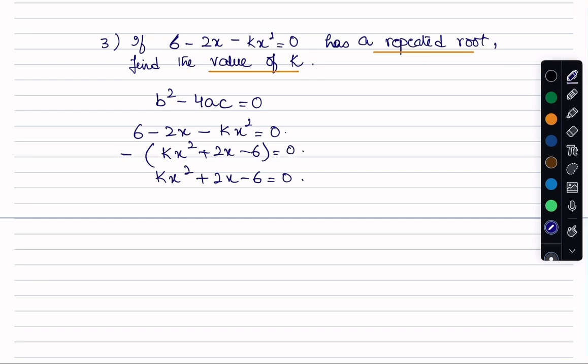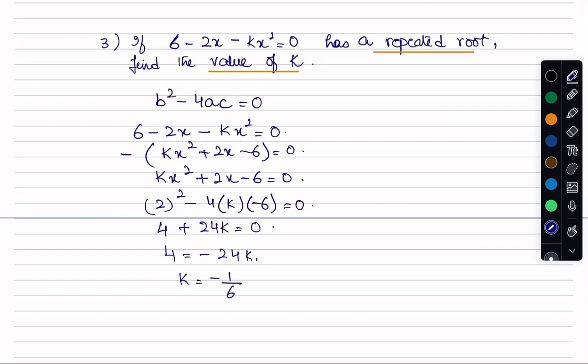Now, substituting all the values in the discriminant, it's going to be 2 the whole square minus 4 times k times negative 6, which needs to be equal to 0. So 4 plus 24k is equal to 0, or 4 is equal to negative 24k, or k is equal to negative 1 by 6.